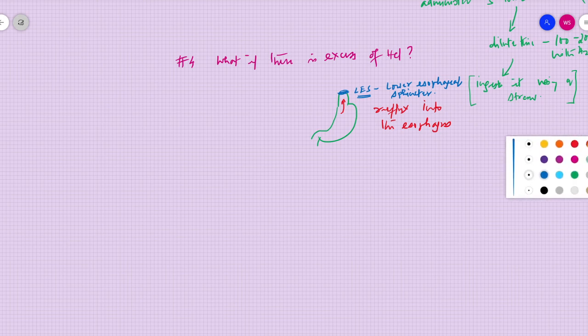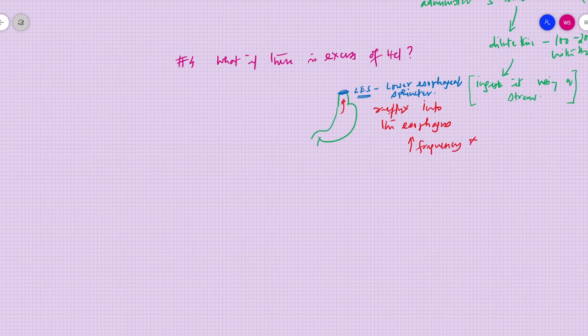What could happen pathologically is that if the lower esophageal sphincter loses its normal contracted state, then there can be increased frequency and duration of opening of the LES, which would push more acid into the esophagus, and that may result in erosion, which in turn may result in an ulcer formation.